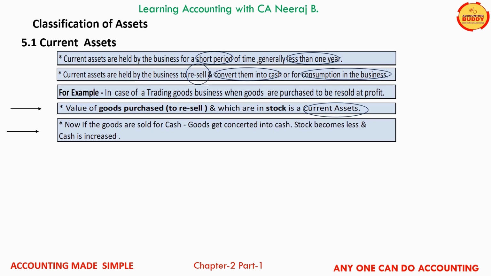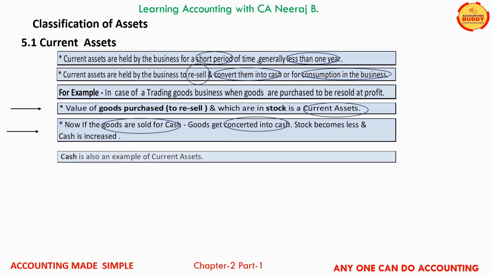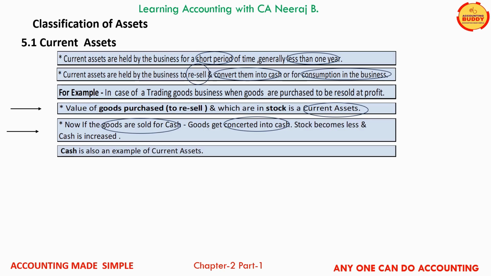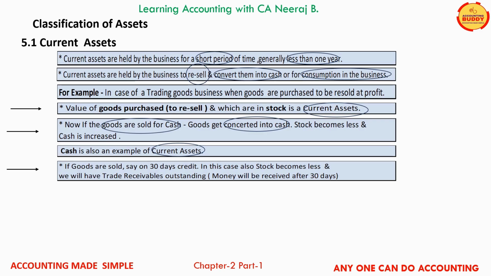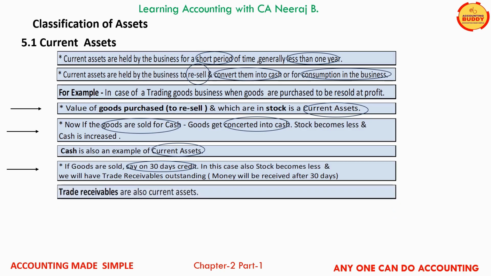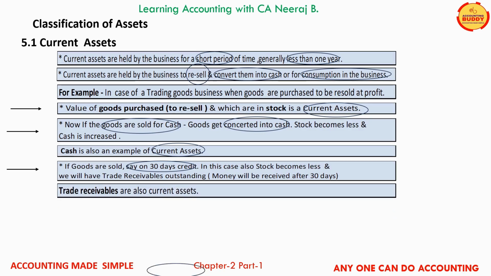Situation number two, when goods are sold for cash, business generates cash and stock is reduced. Cash in hand is also a current asset. Situation number three, if the goods are sold on 30 days credit, stock will become less and the business will have trade receivables outstanding. The trade receivables are also current assets.